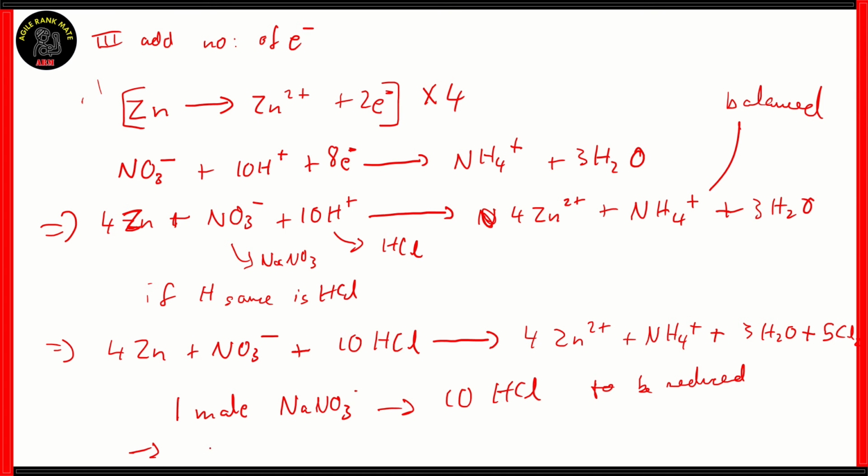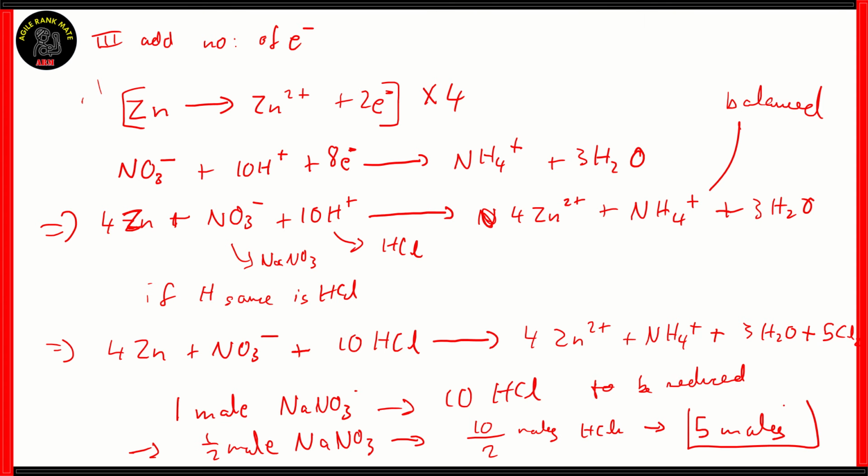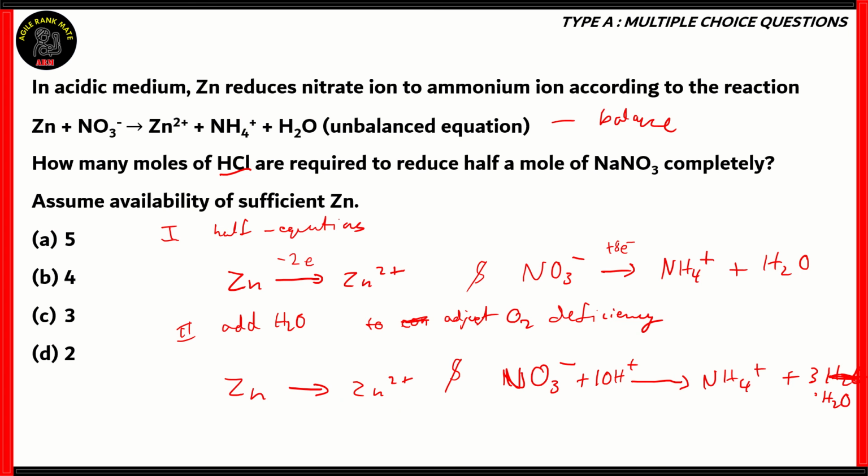So therefore, if we have half mole of NaNO3, in order to reduce that, we need 10 divided by 2 moles of HCl, which is equal to 5 moles of HCl. So therefore, 5 moles of HCl would be the correct option. That means option A is the right one.